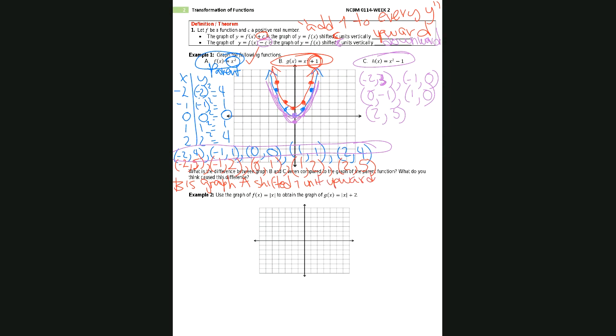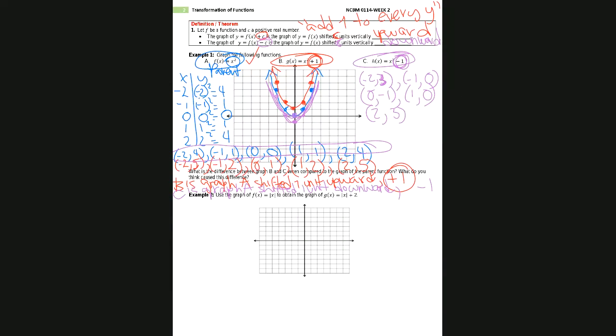Well, the +1. That's what caused the difference. Now, graph C is the same as the graph of A, but in this case, it was shifted 1 unit downward. And that was caused by that -1 that was right here.